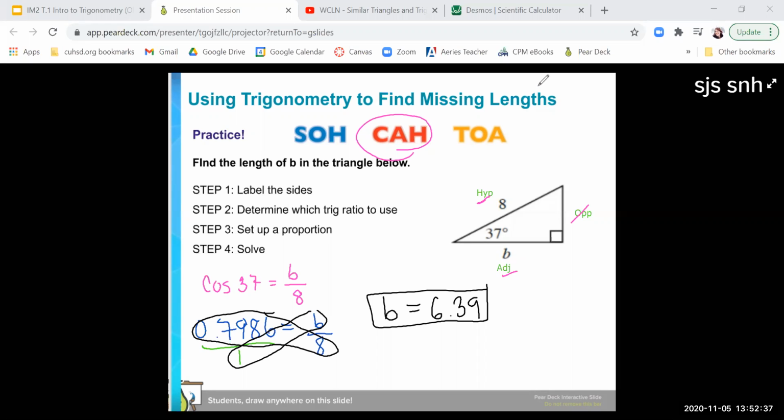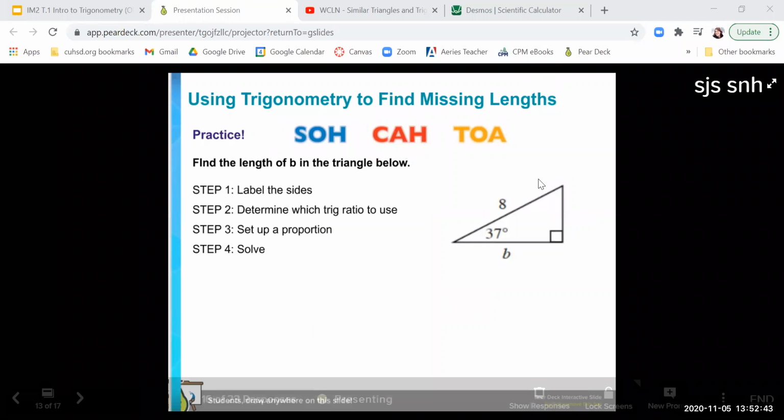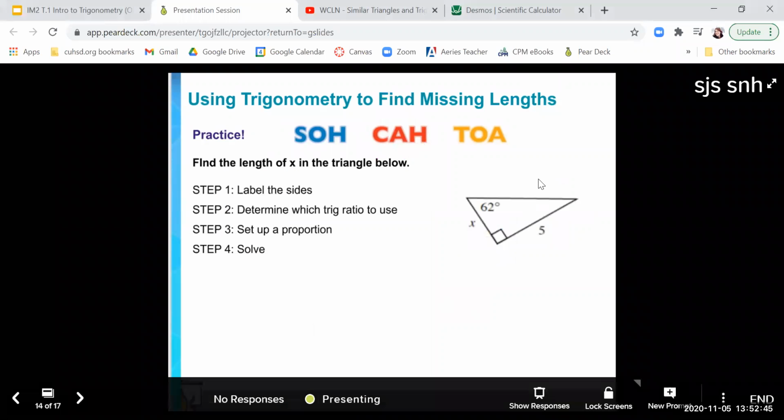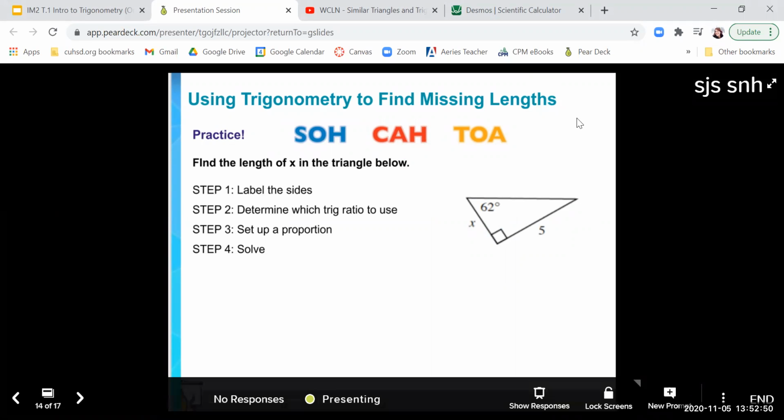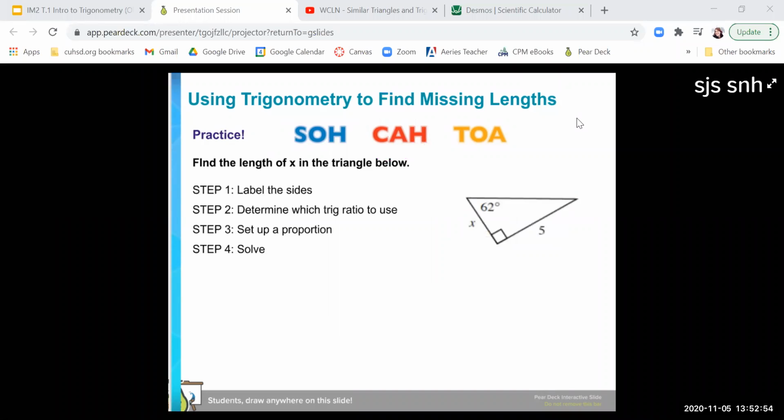All right, I'm going to clear my drawing. This one's trying to confuse us by reorienting the triangle, but it's still a right triangle, so we shouldn't have trouble with it. We just still need to go through the same steps.